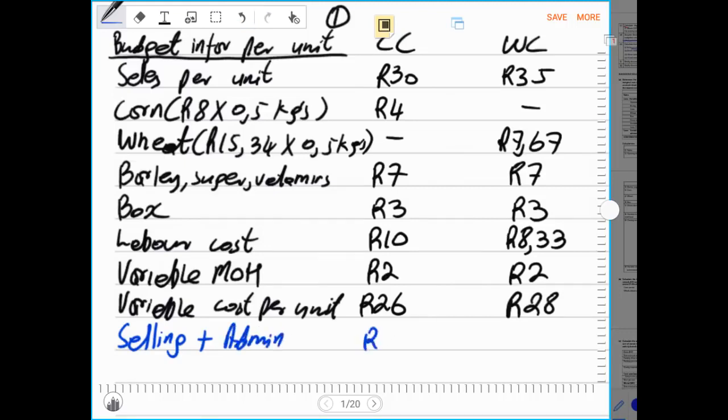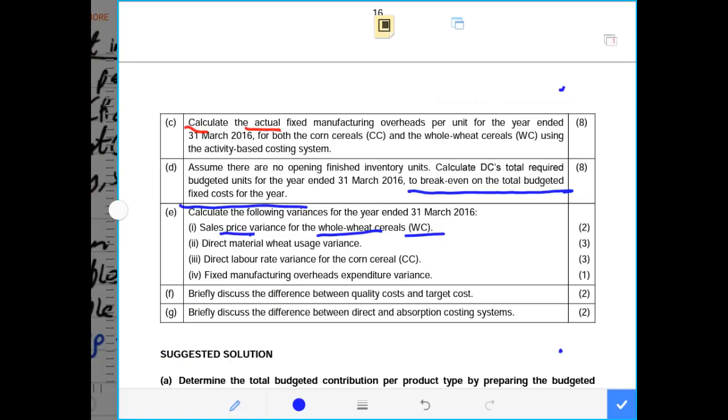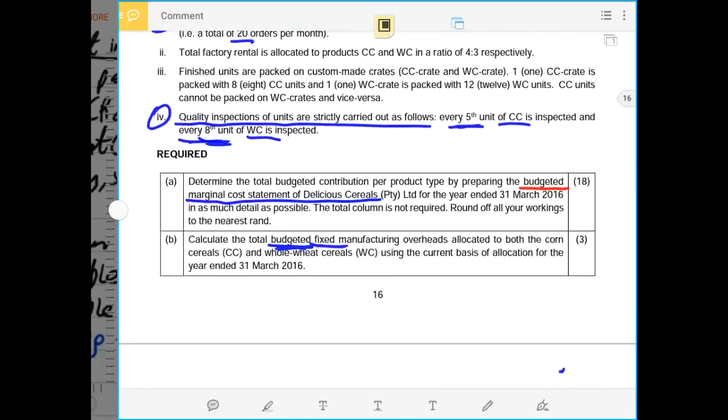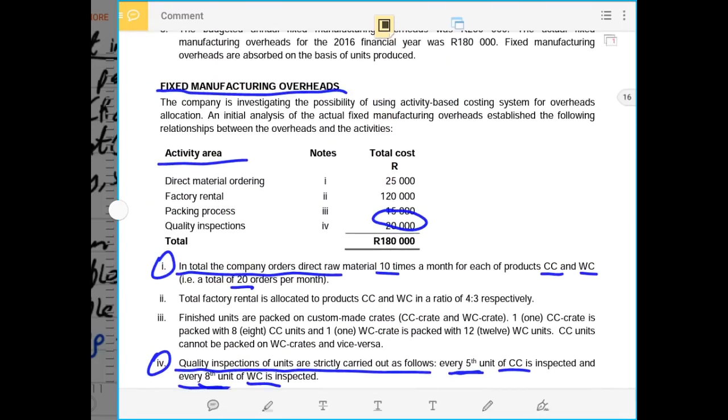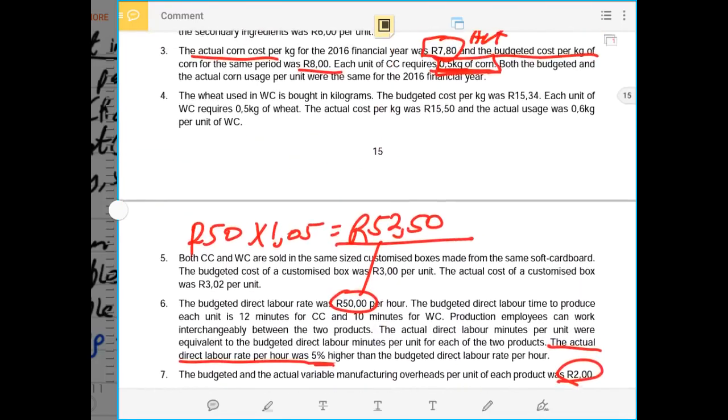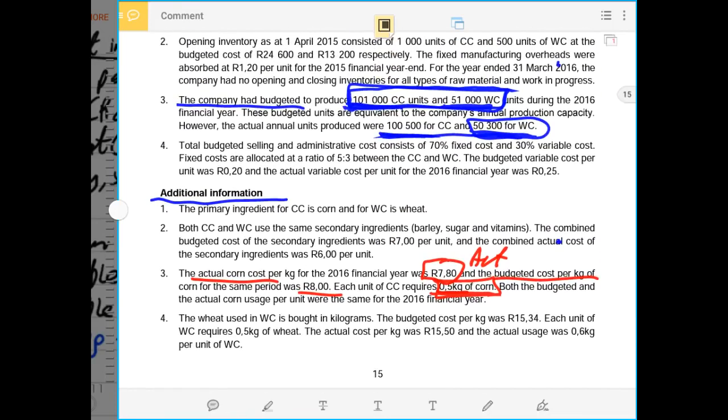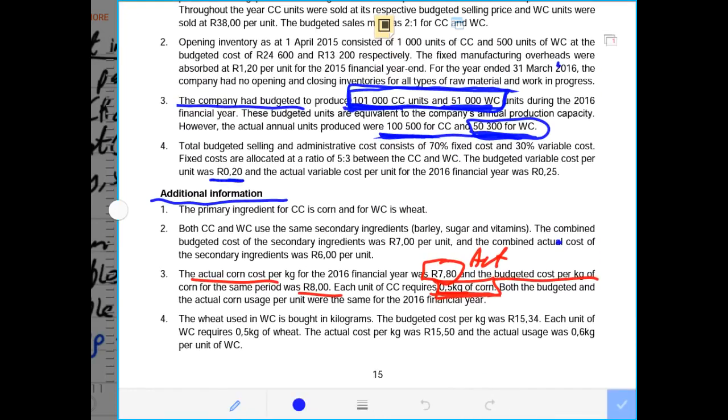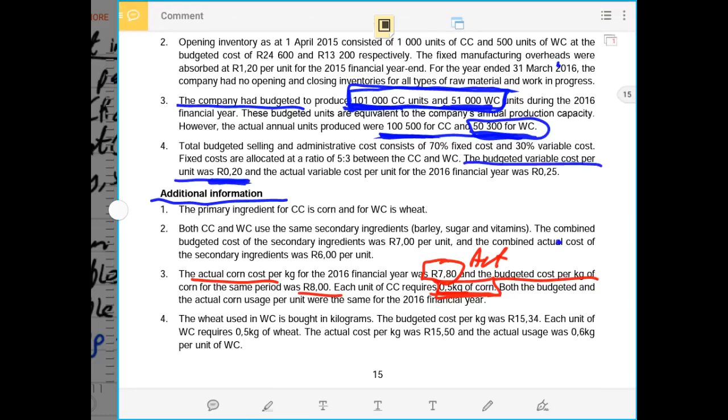Our selling and administration, remember, there was a portion that was variable per unit, and they told us that it was 20 cents if my memory still serves me. There was selling and administration of 20 cents per unit, which was the variable part of that selling and admin. So now that will be the part which was variable.